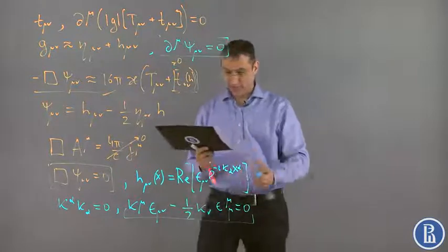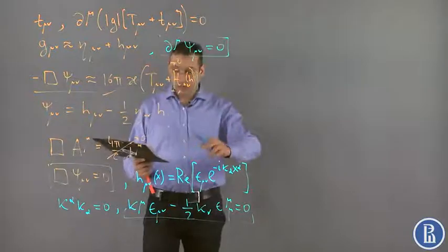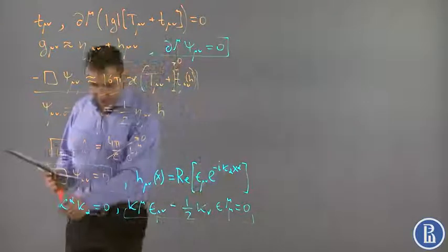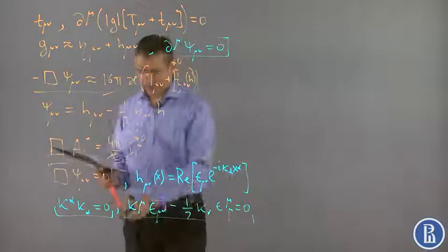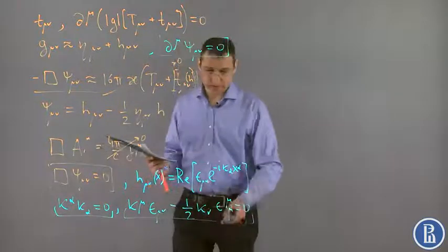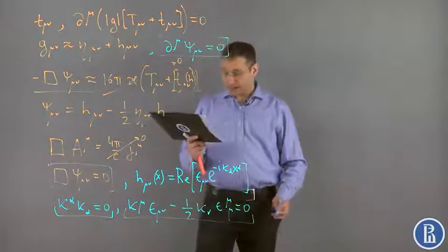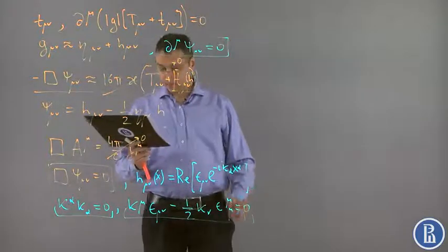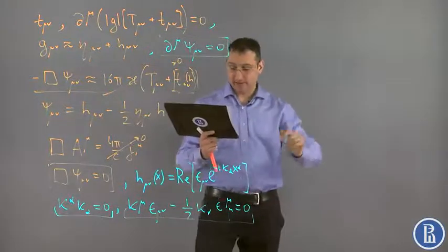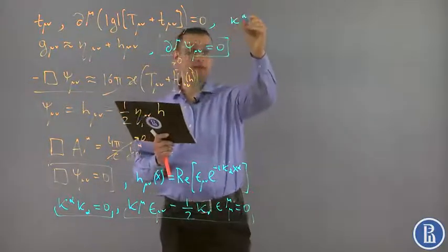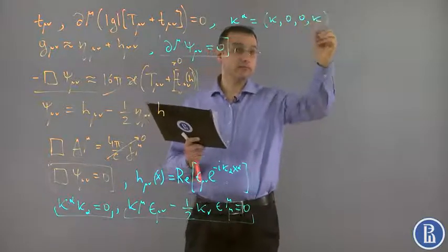Now we're going to solve these two equations in some particular frame. This equation just says that k is light-like, which describes waves propagating with the speed of light. And so we want to choose a coordinate frame in space such that k^α is just (k, 0, 0, k).